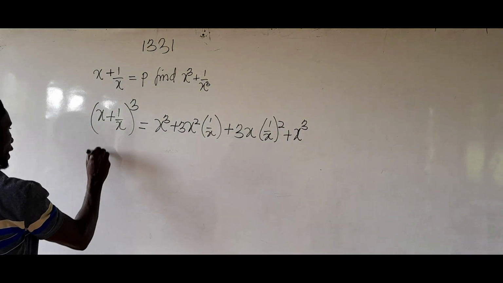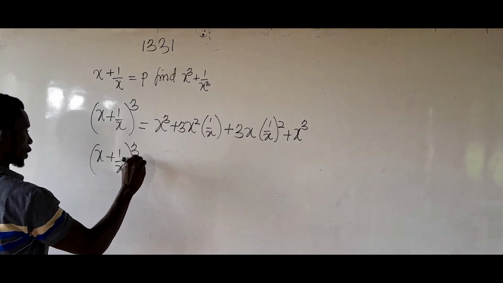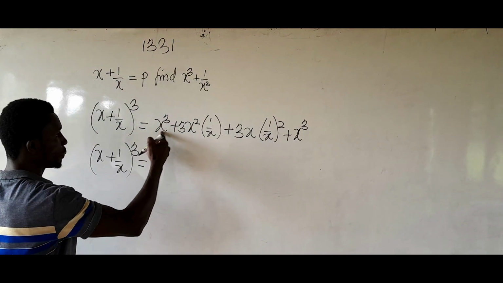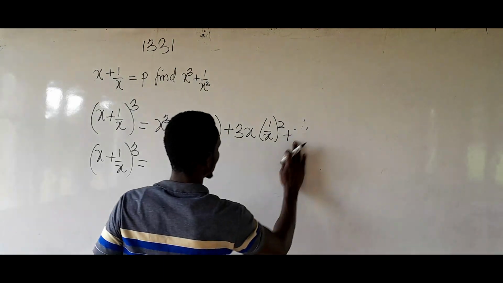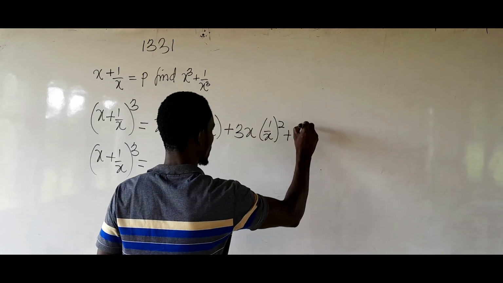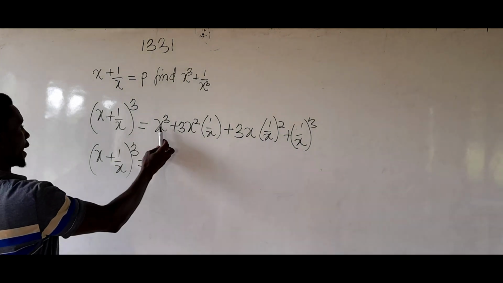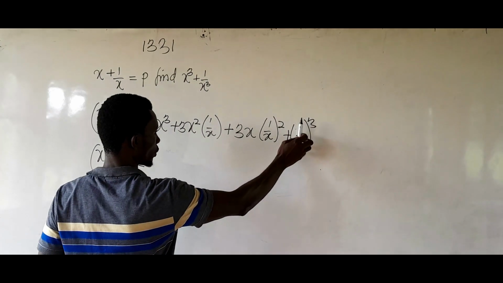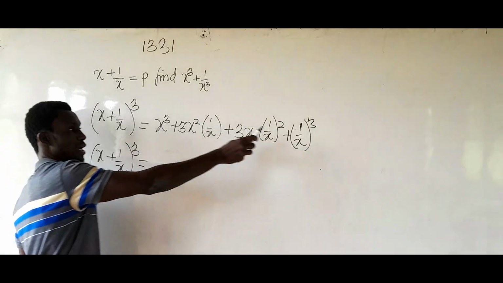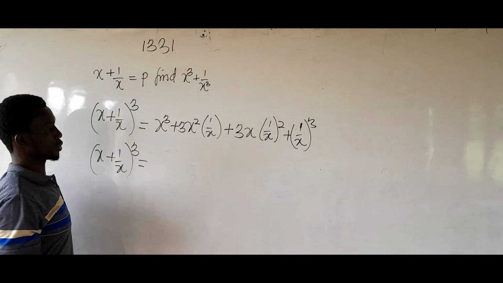So this one will give you x plus 1 over x all cubed is equal to x cubed, this one is 1 over x cubed. So you see that x cubed plus 1 over x cubed is what the question was asking us to calculate.